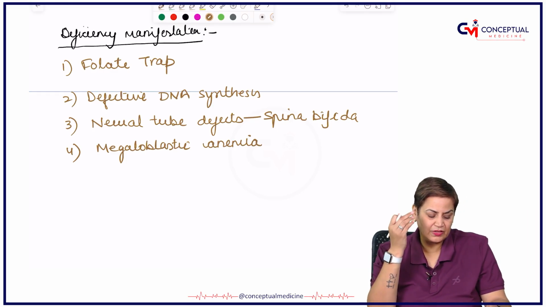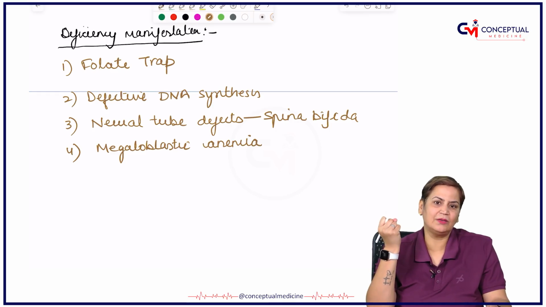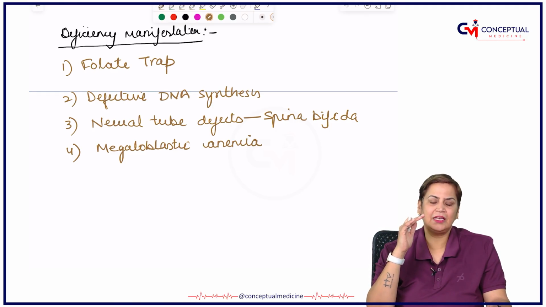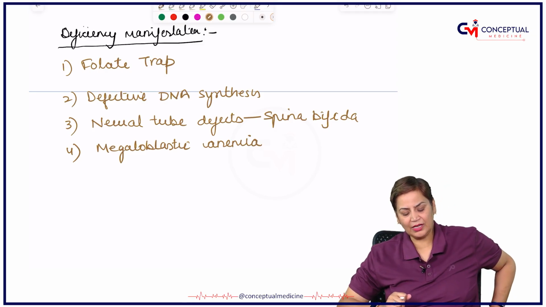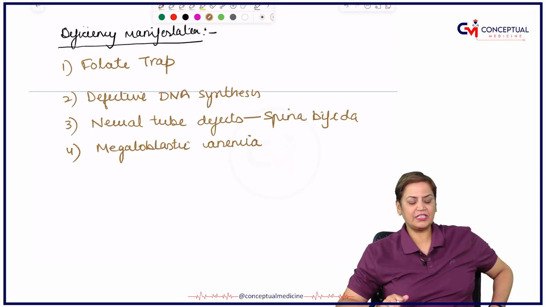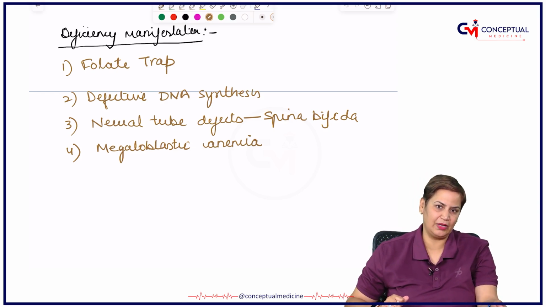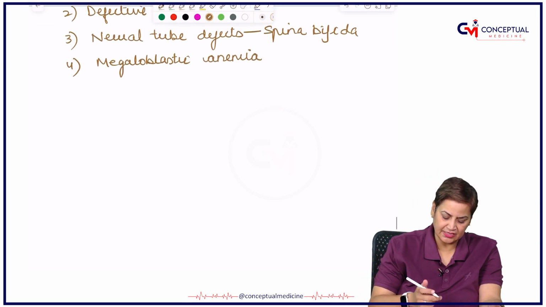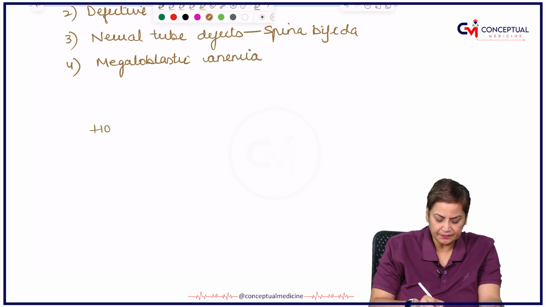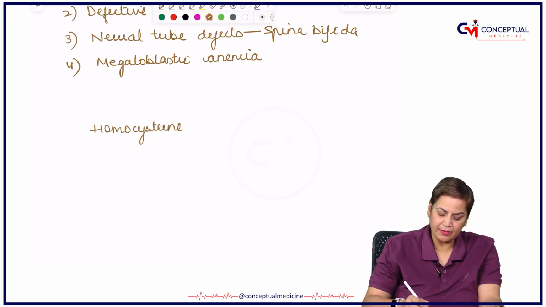Now the question is, first of all, what do you mean by this term folate trap? Okay. So what happens here is, because this is the only reaction in our body which requires folic acid and B12, and the reaction is this: homocysteine forming methionine.